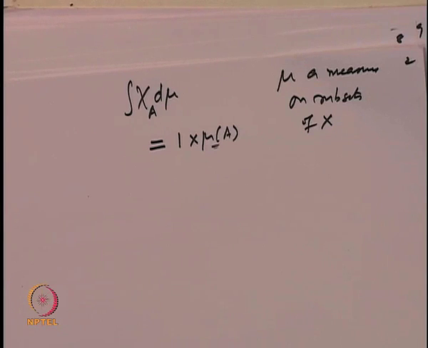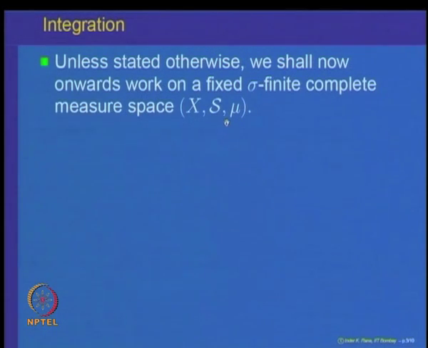So, let us recall. We will fix our notation that from now onwards we are going to work on a measure space x, S, mu, where x is a set, S is a sigma algebra of subsets of x, and mu is a measure defined on S, and this is a complete measure space.